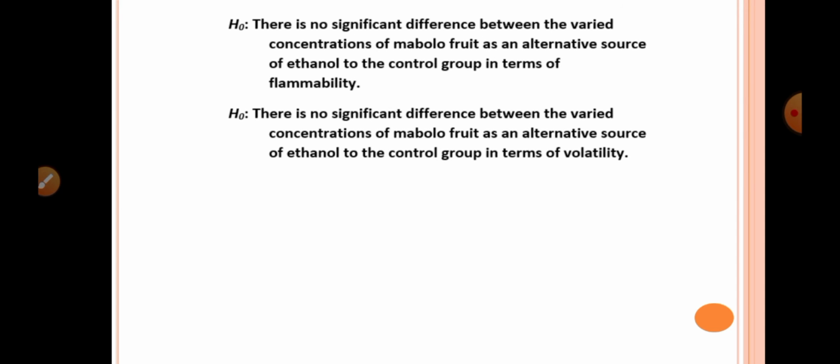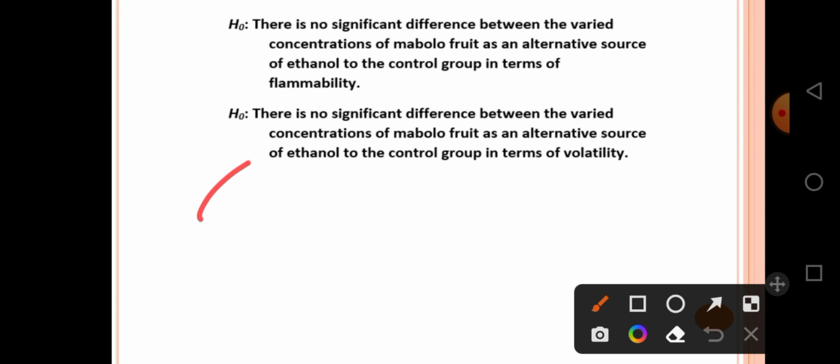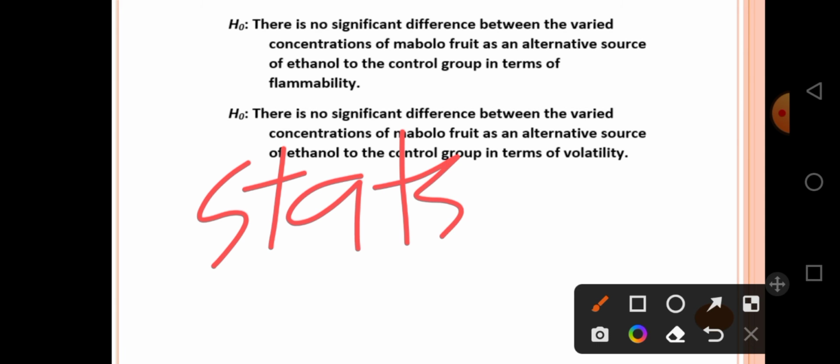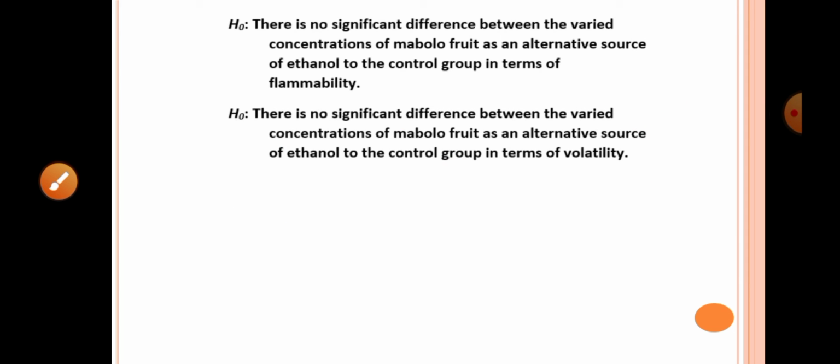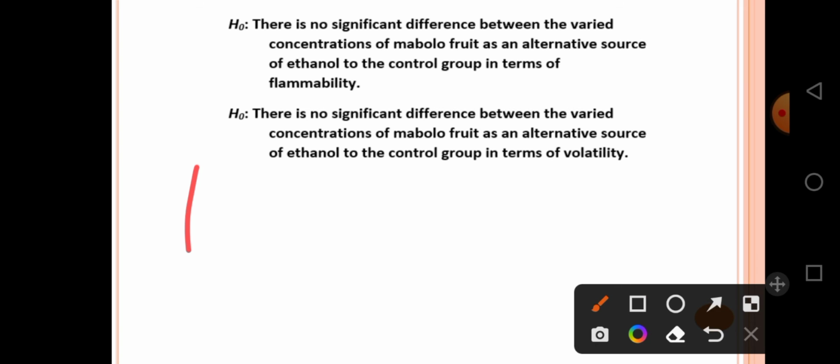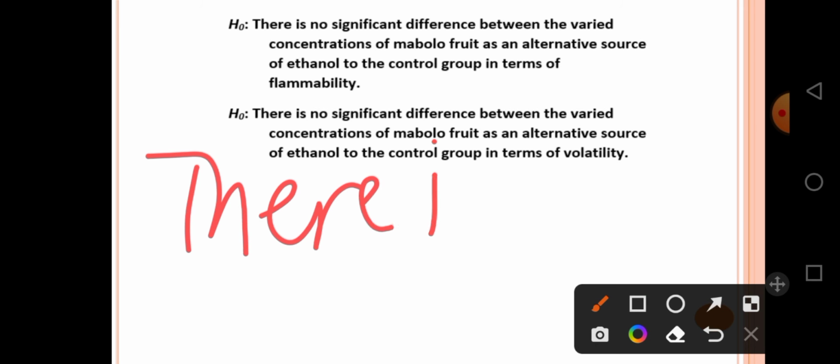Okay, now, say that you already performed statistical analysis to test your hypothesis. And your statistical analysis showed that there is a significant difference.